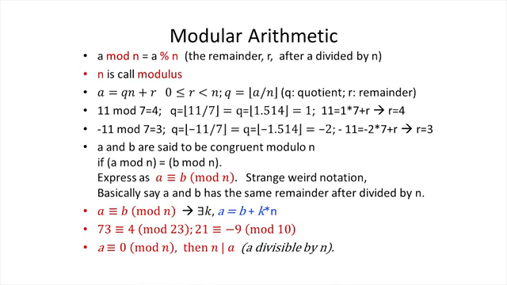Note that when A and B are congruent modulo n, there exists an integer k where A equals B plus k times n. So this modular equation, congruence equation, can actually be translated into an actual equality equation here: A equals B plus some k times n.